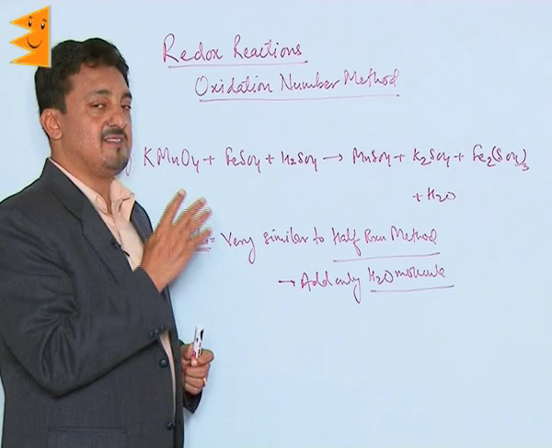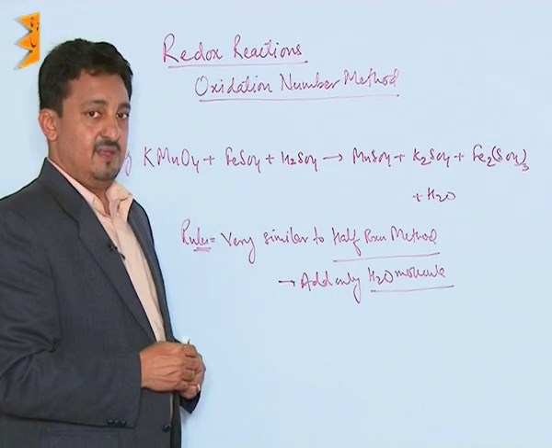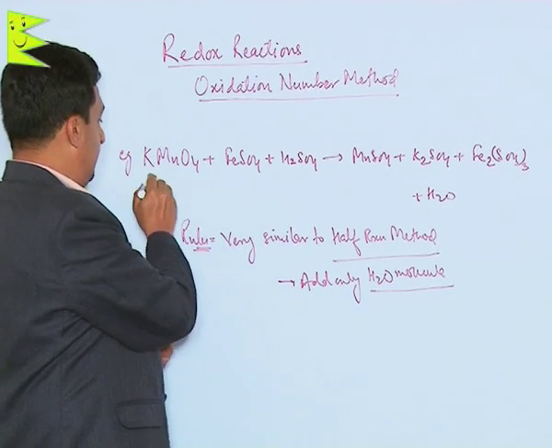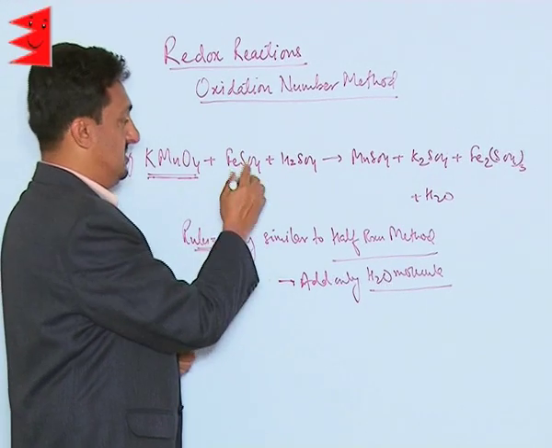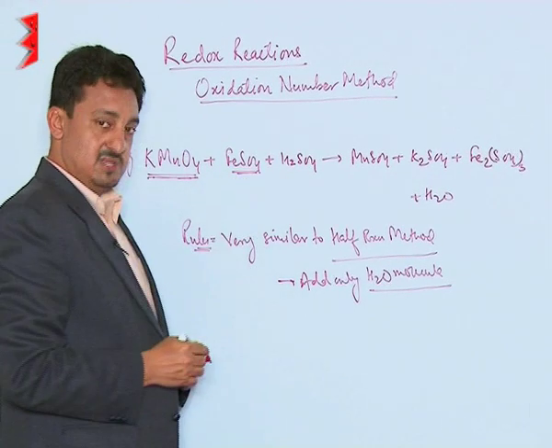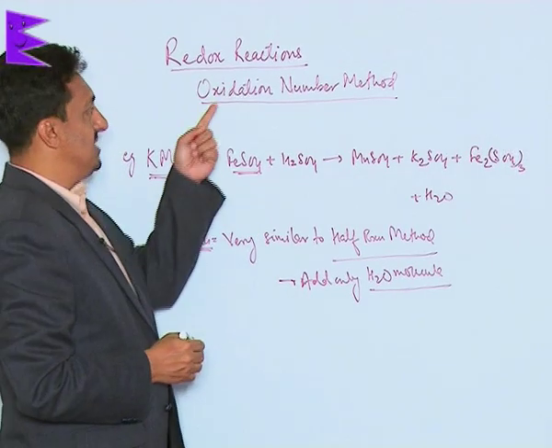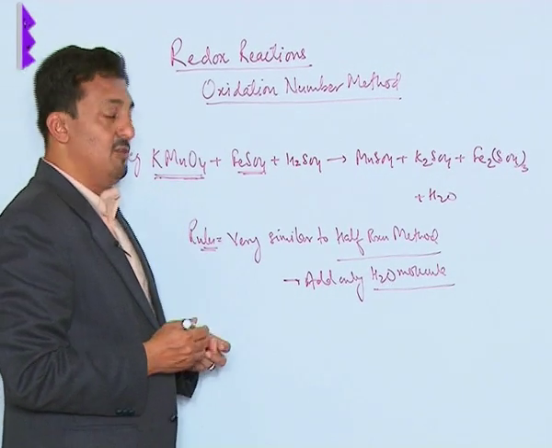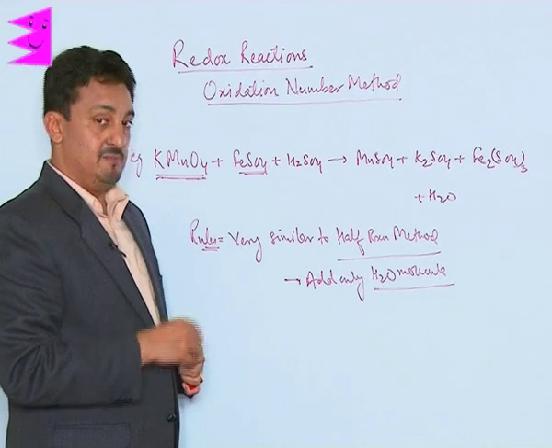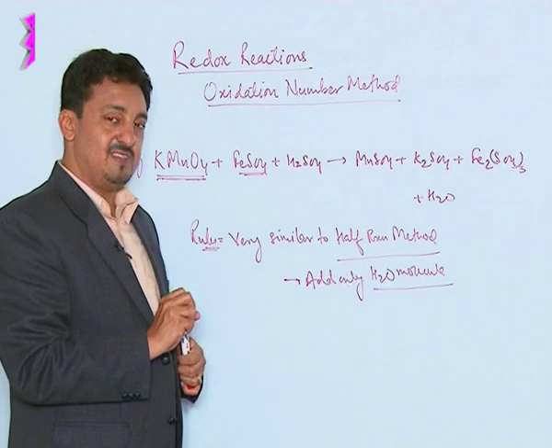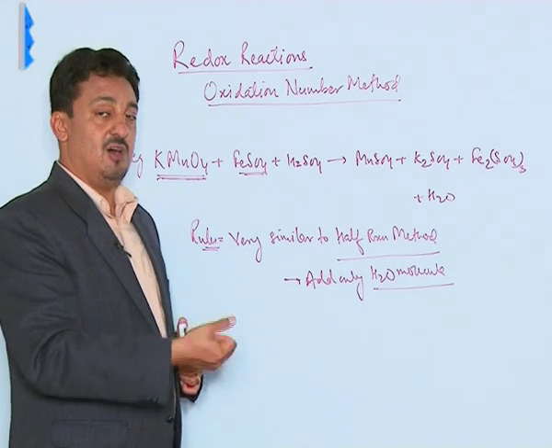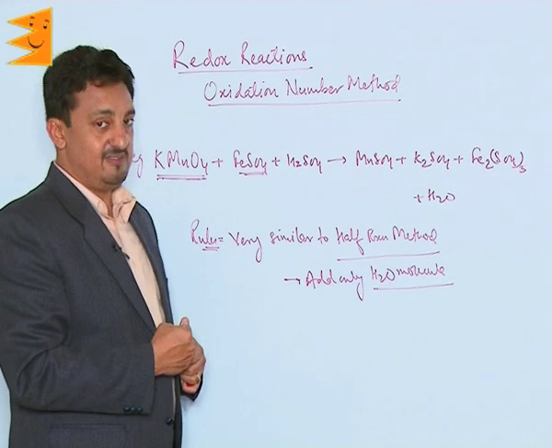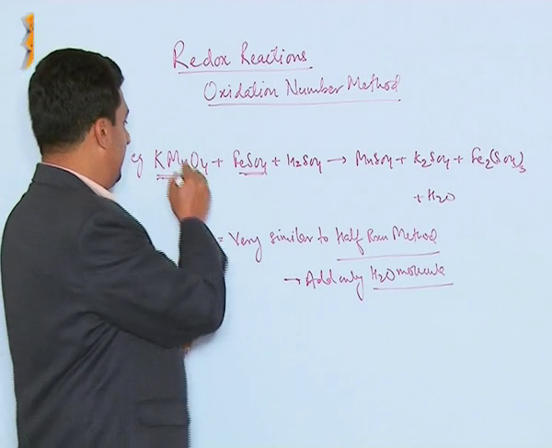Now, the balancing is always started by taking the species which is undergoing reduction and the one which is undergoing oxidation. Since the method is oxidation number, we find the oxidation numbers of the main central atoms of these species, and then find out how many electrons are lost or accepted.